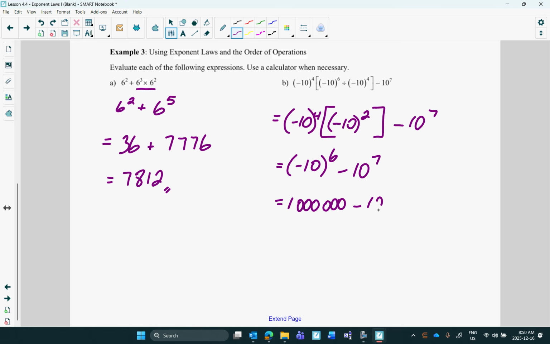This is 1 and 7 zeros. 1,000,000 minus 10,000,000. Yes, -9,000,000. Okay. There is one more exponent law, but we'll talk about that later.